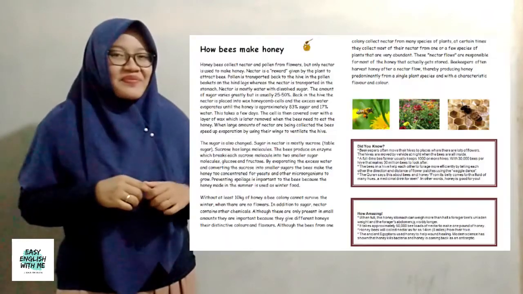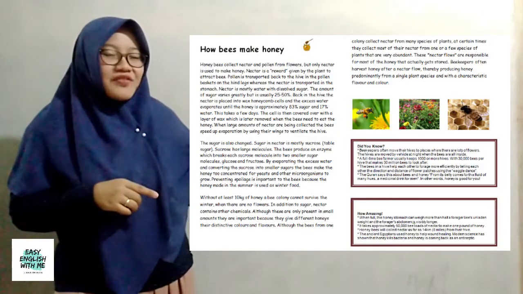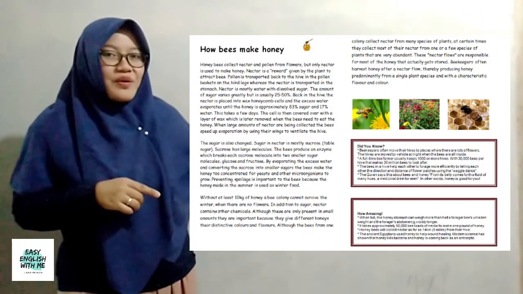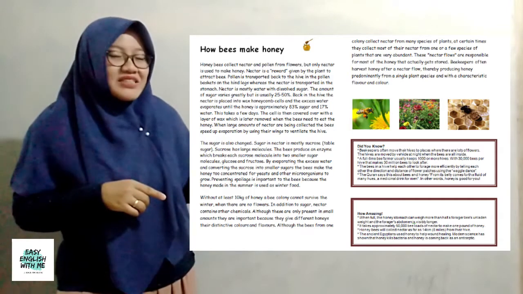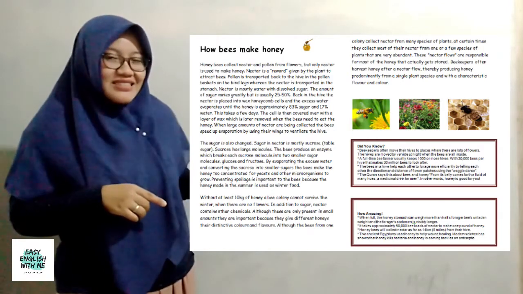Yes, the last topic that we are going to discuss is the example of explanation text and procedure text. To make sure about, do you understand about explanation or procedure text? Let's see. This is the example of the text. What is the type of the text? Can you guess it?